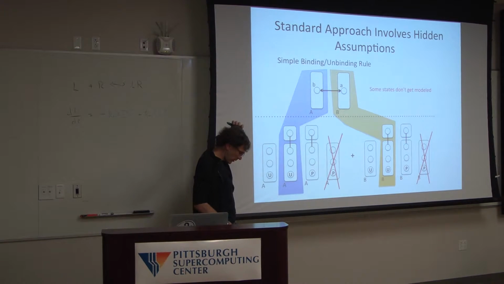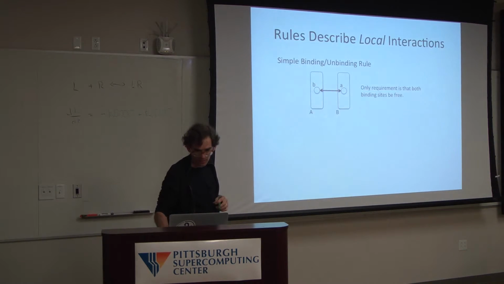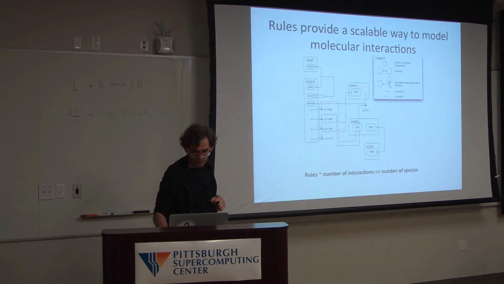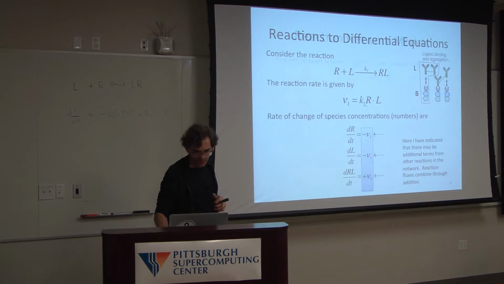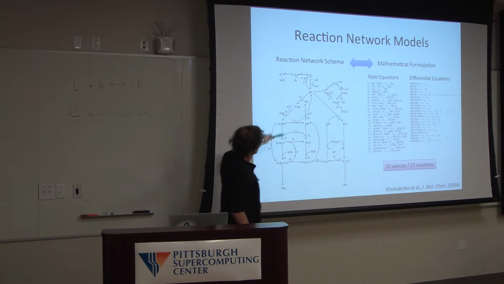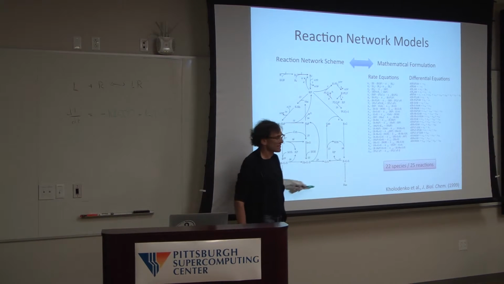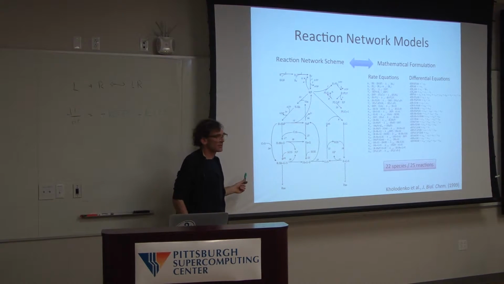That's a more subtle point, but the key thing is that when we go back to a model like the original EGFR network model here, hidden within this already pretty complicated system are several assumptions that have been made about what things can happen to this receptor complex that really limit the complexity.